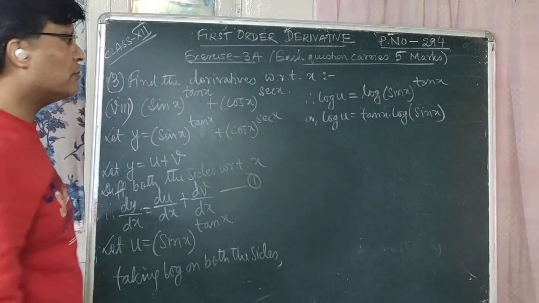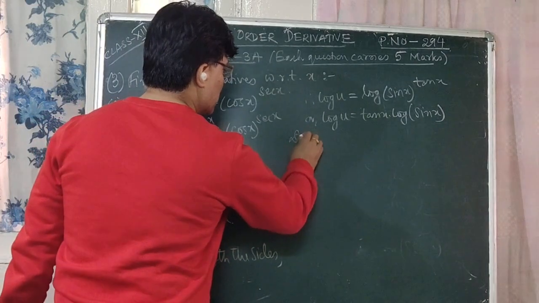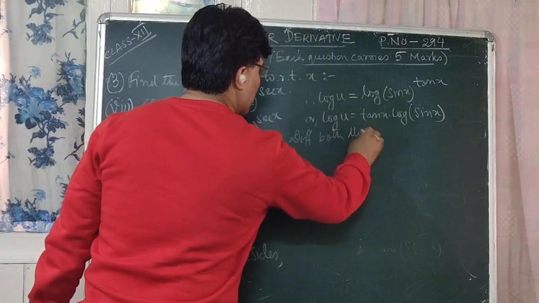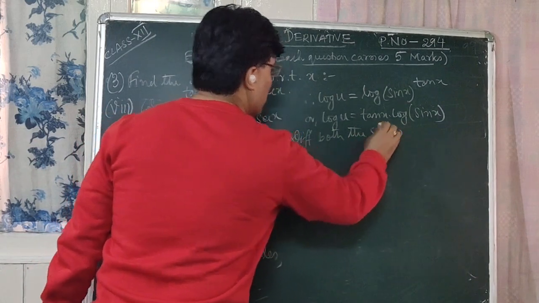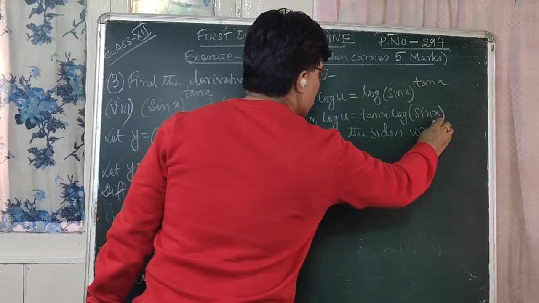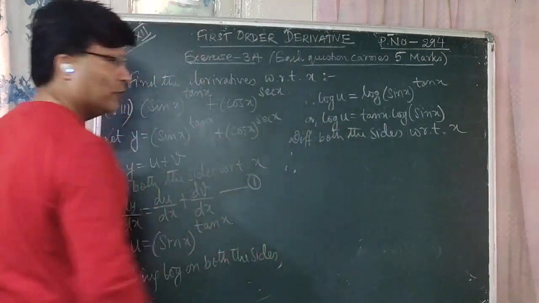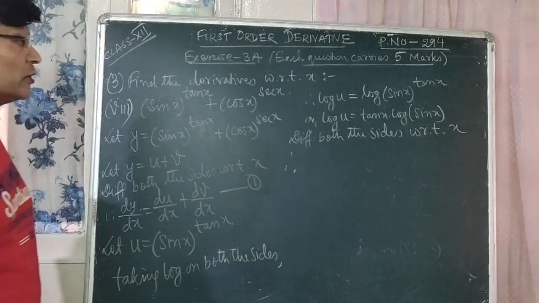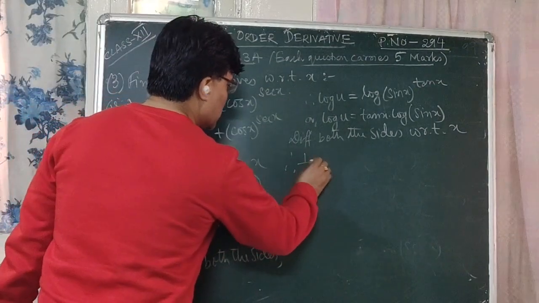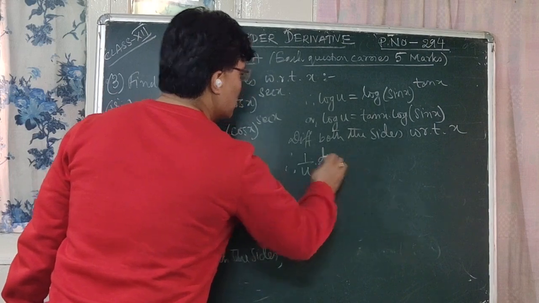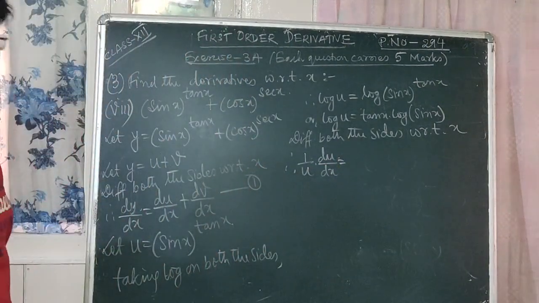Now you differentiate both the sides with respect to x. What is the differentiation of log u with respect to x? It is 1 by u into du by dx, which is equal to, on the right hand side, you can use the UV rule here.